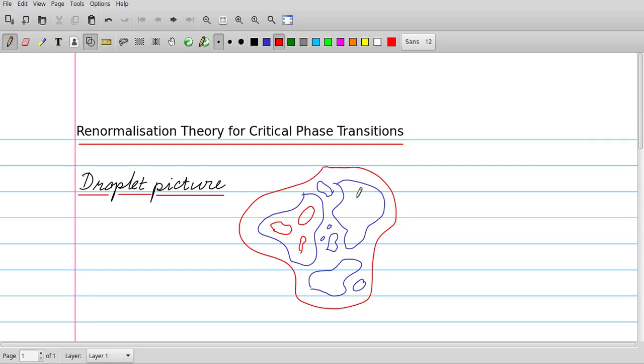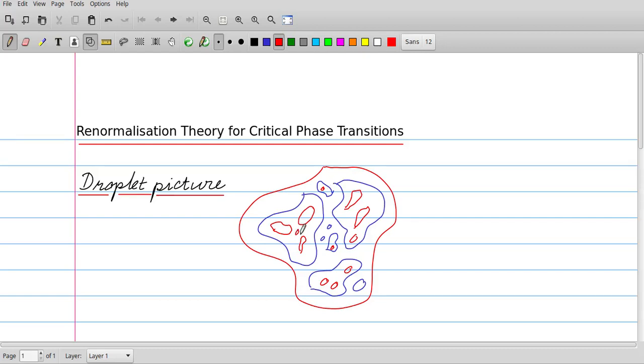So we have islands within islands, or droplets within droplets. And even here I can find very small red excitations.